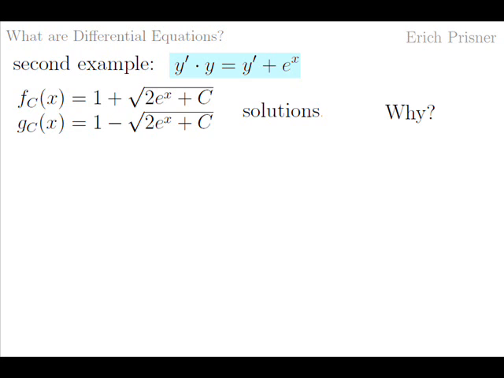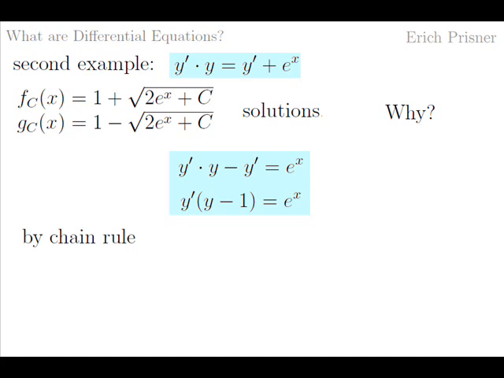Now to confirm the solution property, first we rewrite the differential equation as y prime times y minus y prime equals e to the power of x, or y prime times y minus 1 equals e to the power of x. Now note that by chain rule, gc prime of x is negative 1 over 2 times square root of 2 e to the power of x plus c, which is the outer derivative, times 2 times e to the power of x, which is the inner derivative of this composed function.